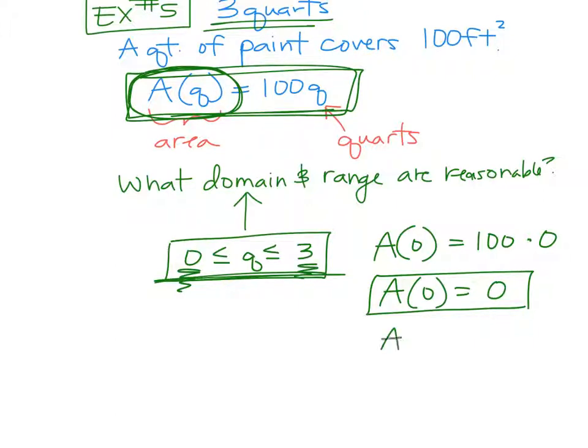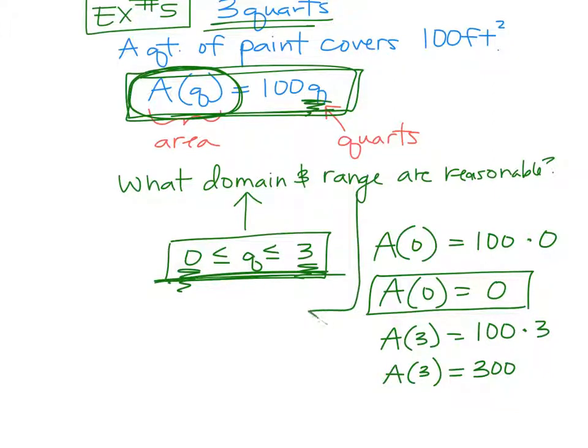So you're going to say A of 3 is 100 times what? 3, right? The number of quarts you're plugging in would be 100 times 3. So if I use 3 quarts of paint, I would paint 300 square feet. Does that make sense? So you're just plugging in your domain numbers to find your range.